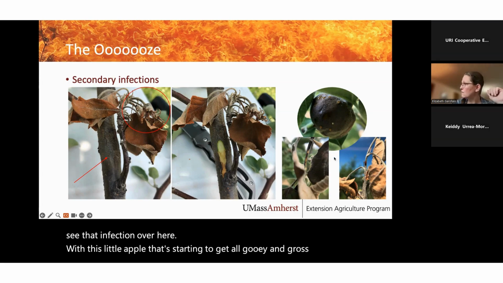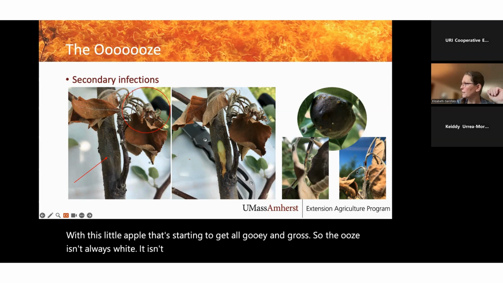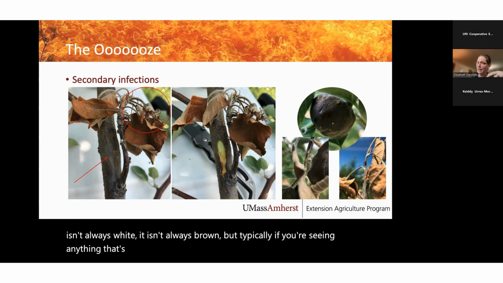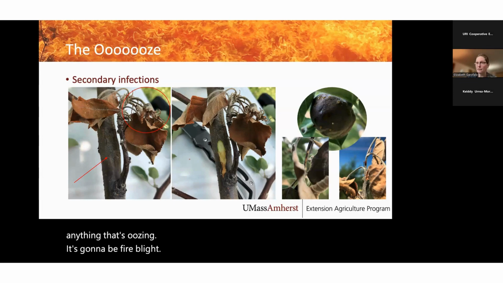So the ooze isn't always white, it isn't always brown, but typically if you're seeing anything that's oozing, it's going to be fire blight. In apple, that is. And so, of course, these then create cankers that overwinter, and that's our next year's inoculum.